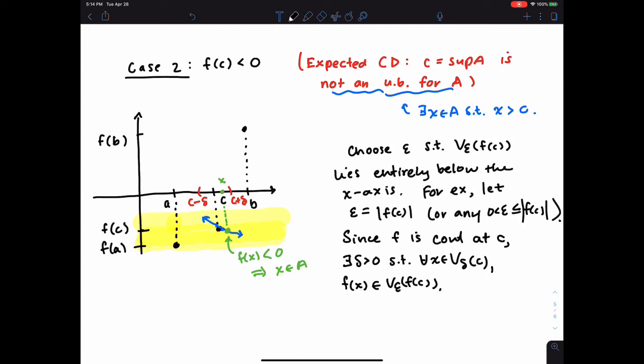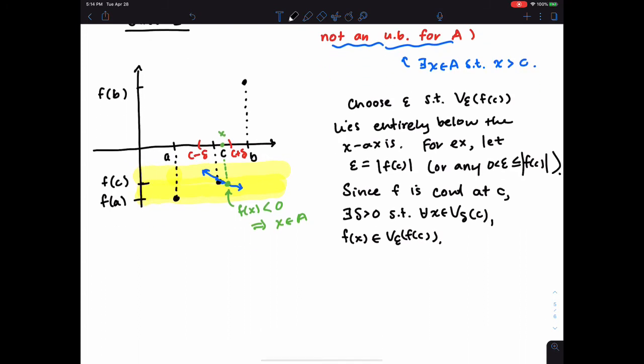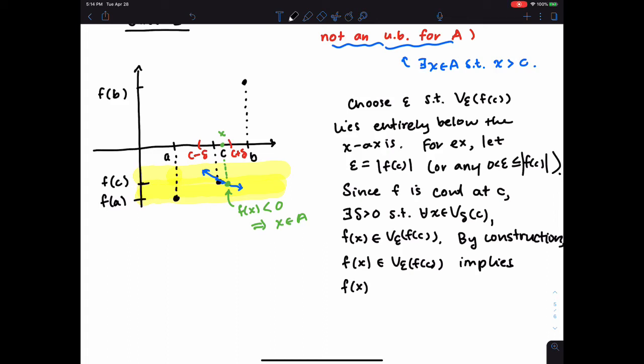By construction, this means that f of x is less than 0. Because remember, we chose an epsilon neighborhood that only contained negative numbers. So by construction, f of x in V epsilon of f of c implies f of x is less than 0.